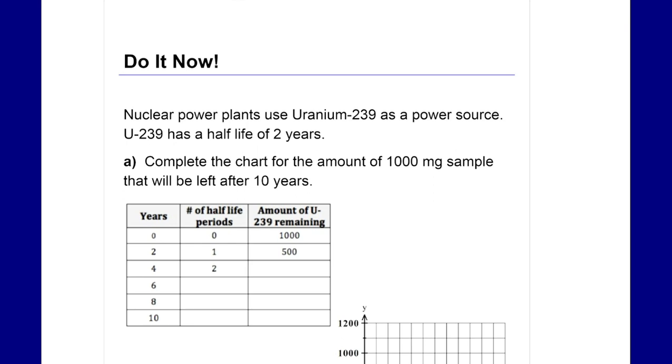After another half-life period, there would be 250 because it's half of the 500. After 3 half-life periods, there would be 125. After 4 half-life periods, there would be 62.5. And after 5 half-life periods, there would be 31.25.